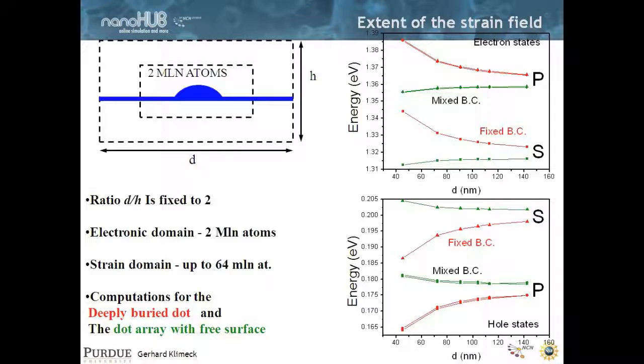And we compute the difference between the mixed boundary condition and the fixed boundary condition for the electron ground state and the electron excited state. And here we see something similar where both boundary conditions tend to converge for lateral distances that are pretty big, at 140 nanometers. And we do the same thing for the holes on the bottom.